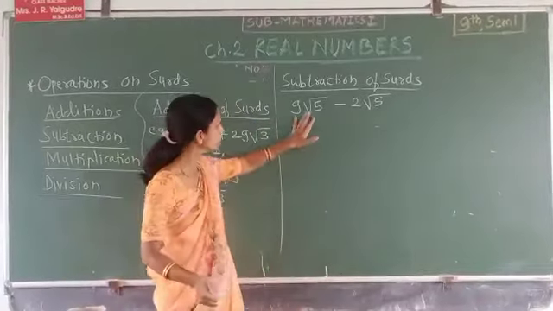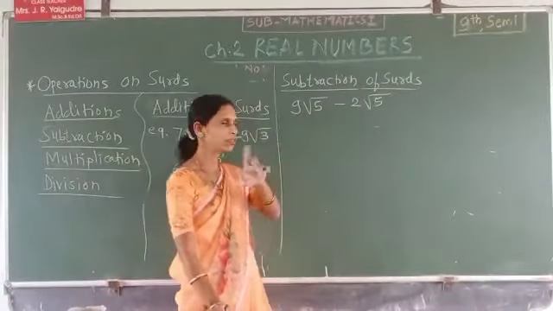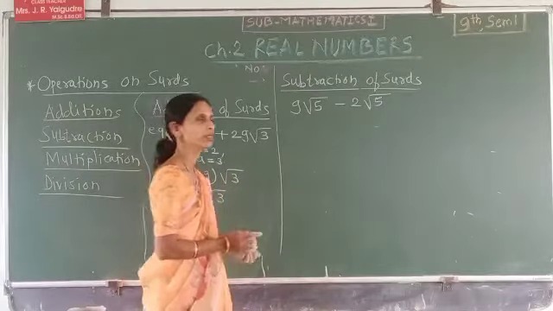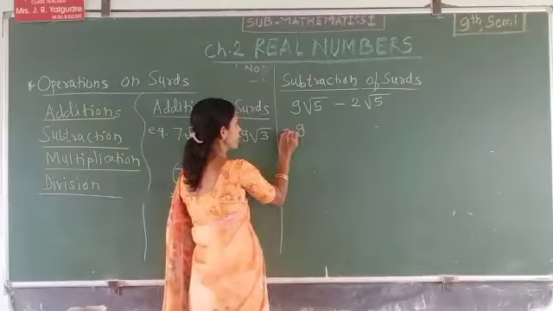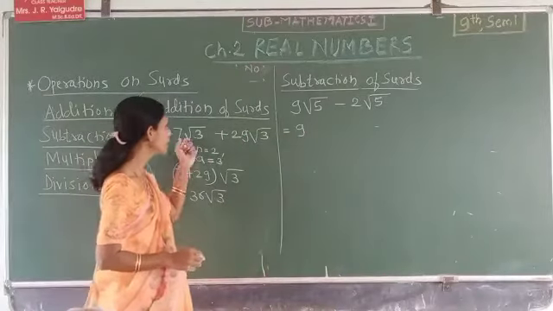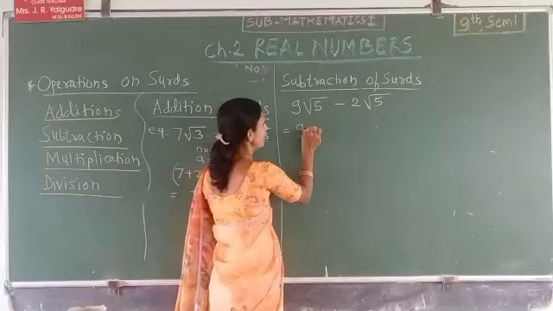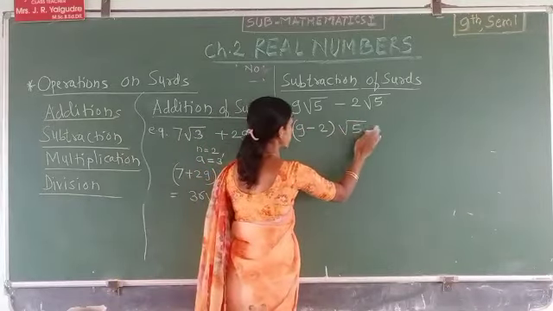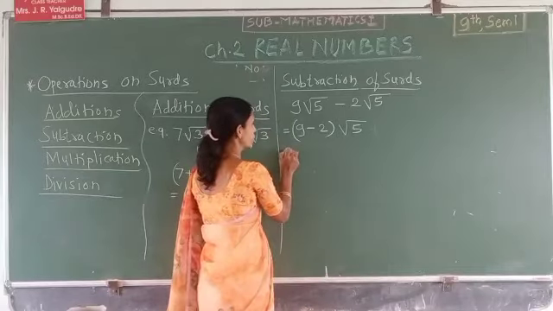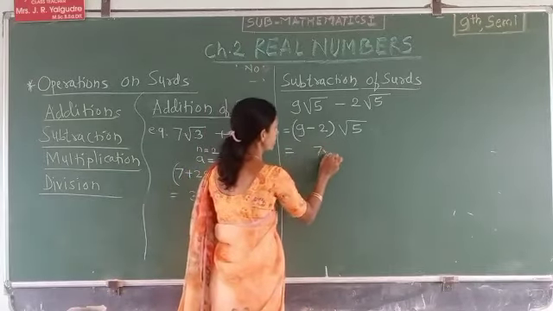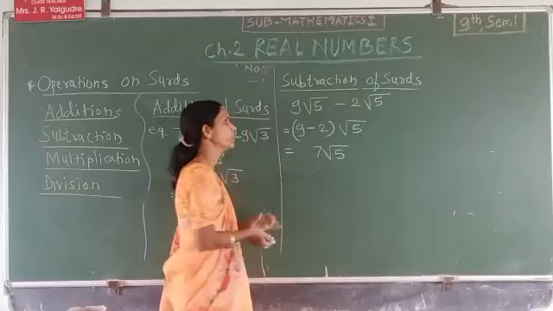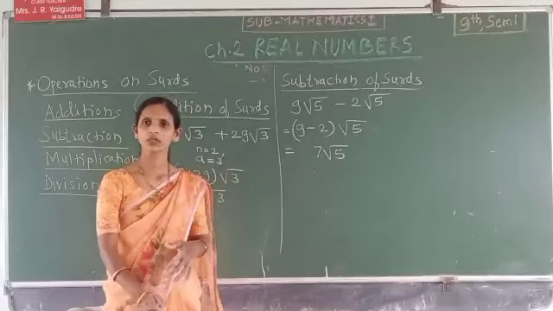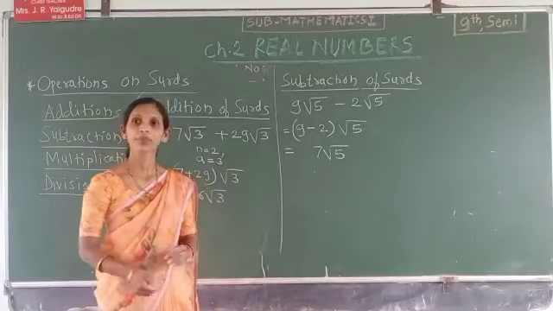Those are also similar surds. Therefore, we can do the subtraction between those similar surds. The same process is carried out as in the addition of surds, that is 9 minus 2, and root 5 is taken as common, and therefore 9 minus 2, that is 7 root 5. That is about the addition and subtraction of surds.